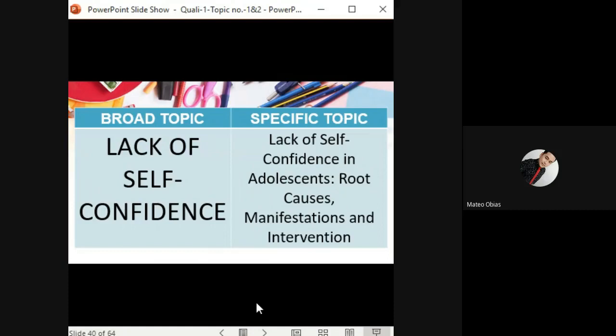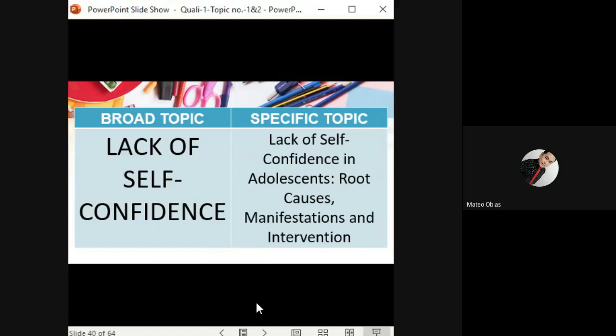Halimbawa naman, another example is COVID-19. COVID-19 is also a broad topic. So to make it specific, pwede siguro causes, prevention, treatment, and care. O, di ba? Pwede yon.